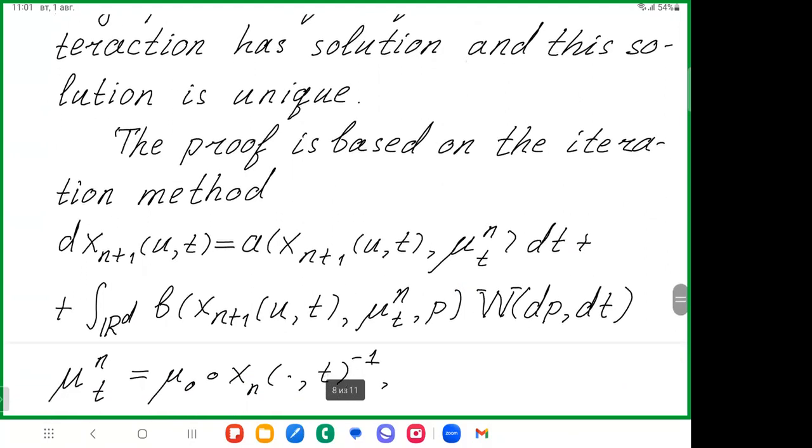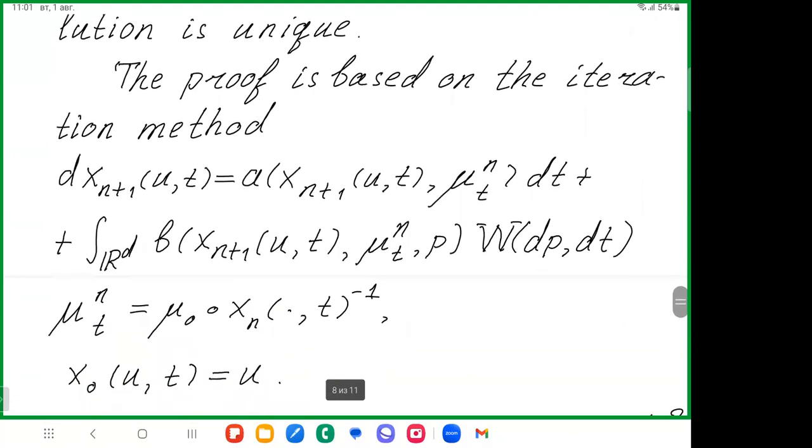So let us define this iteration. Let us write the equation for the n+1 iteration for x. And you see in this equation that I put the measure mu tn, and this process is obtained on the previous step. Then mu tn as usual is an image of mu0 under xn.